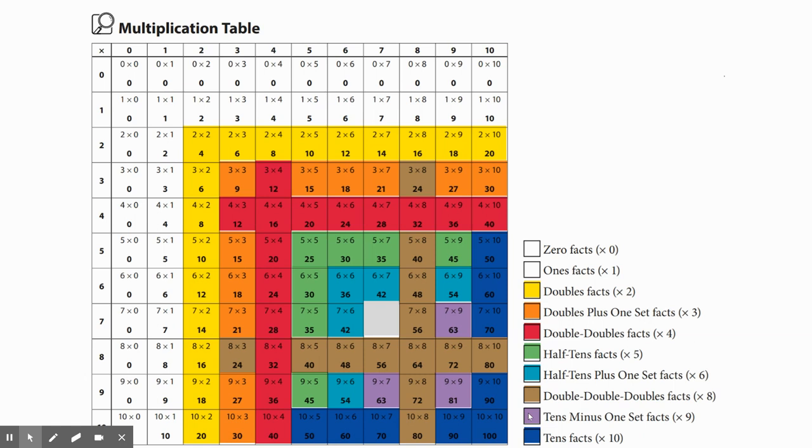And today we're really working on that last one: half tens plus one set facts, times six.